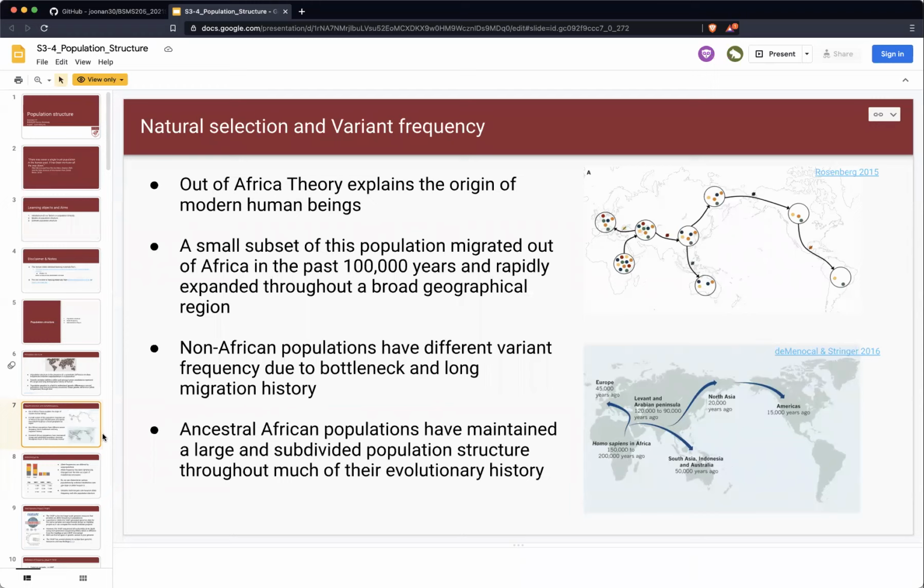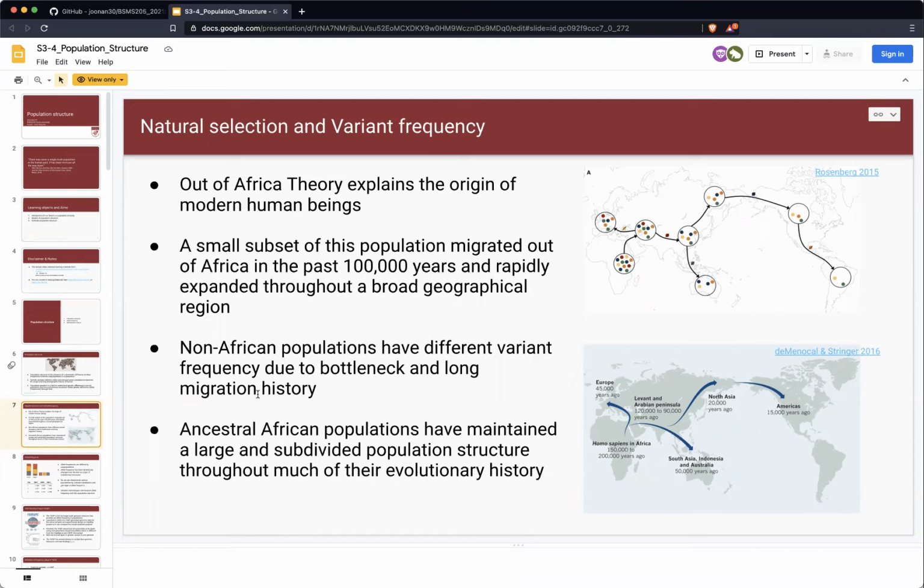Some of the African population moved out from Africa and migrated to other places, and that is the early history of the human species, and that is the source of why we have all different population structures in our species. And according to the out of Africa theory, a small set of the population migrated out of Africa about 100,000 years ago, and they rapidly expanded throughout a broad geographical region.